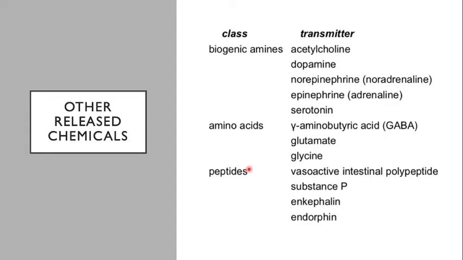Other released chemicals, well, peptides, something that a lot of people don't know, or somebody at high school levels doesn't know, which is why you guys are far more advanced, is the existence of peptides. For example, substance P. Substance P increases your sensitivity to pain. So the more substance P that you have, the more pain that you feel, sorry.